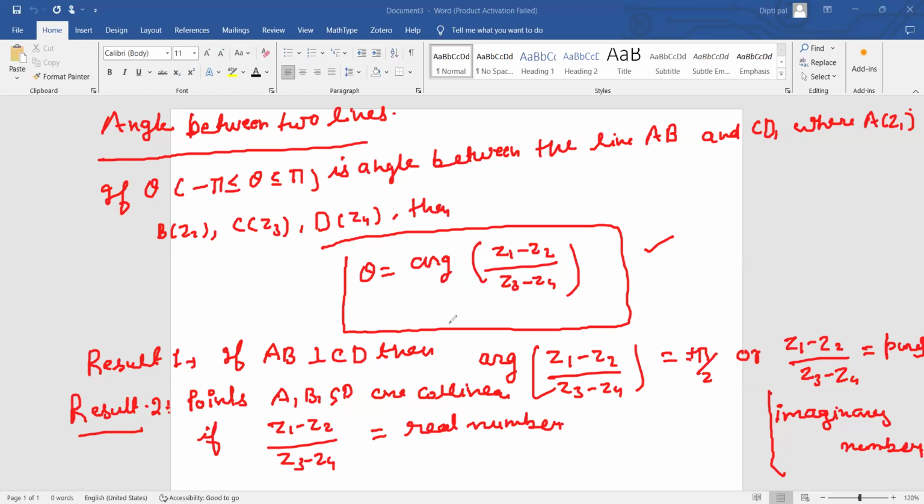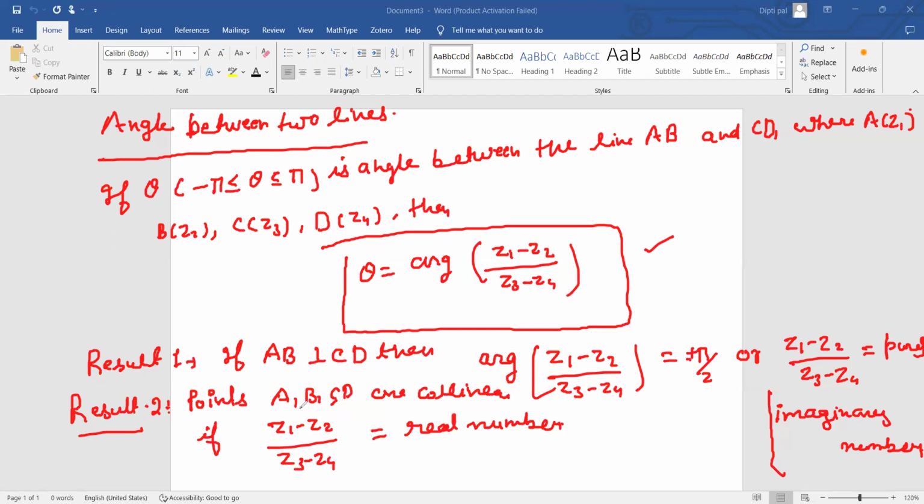If these are perpendicular, then its argument will be pi by 2, so this will be purely imaginary. And if it is a real number, then we say that these 4 points are collinear. Okay, now we move to the next topic.